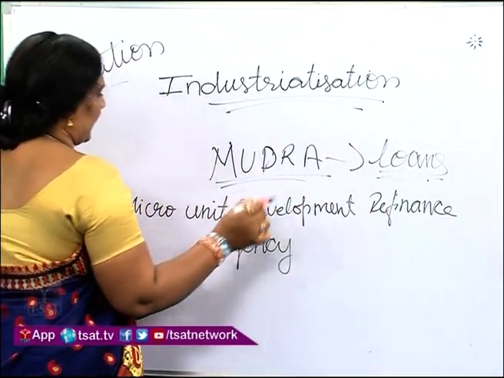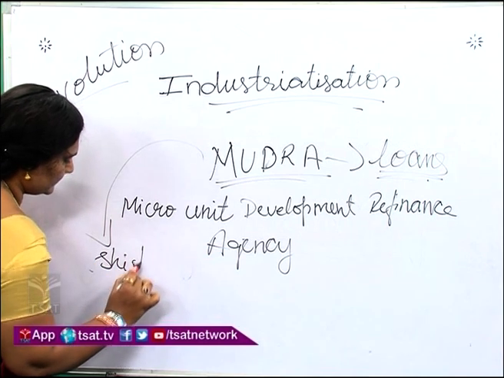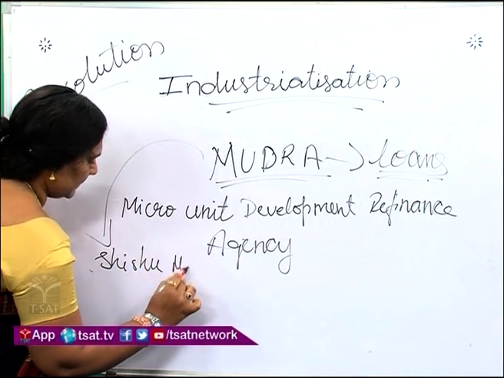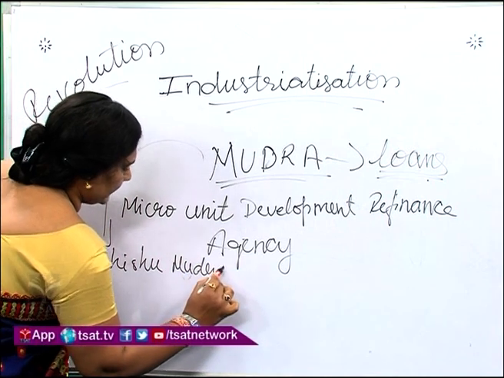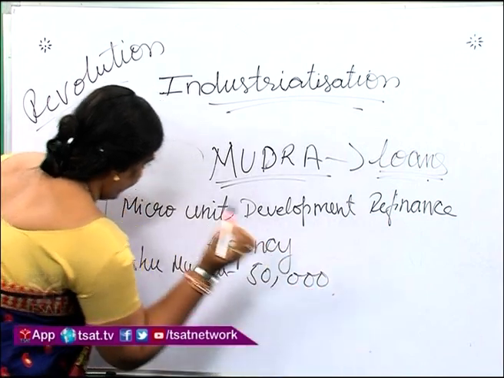For example, it has three types. Shishu Mudra means under this they will give a 50,000 minimum loan.